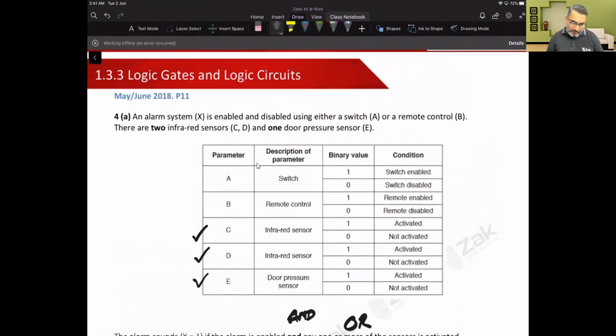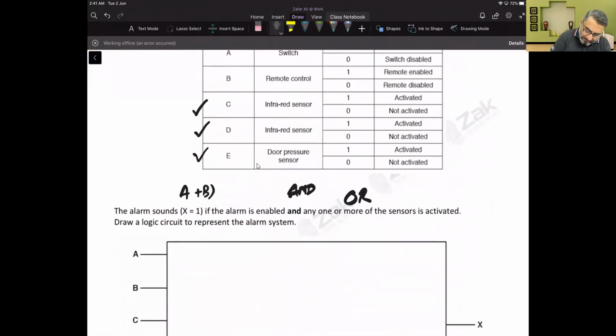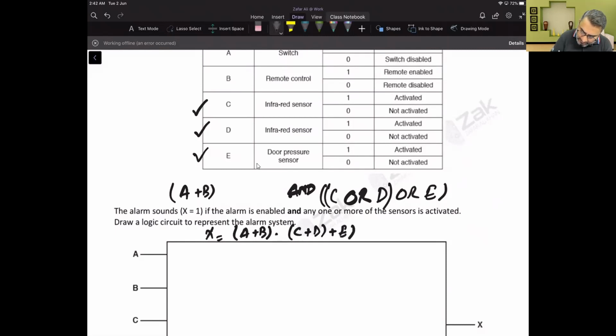Alarm is enabled and disabled using either switch A or remote control B. So this would be A or B and C or D or E. That is how it will be solved. So the equation would be x is equal to, sorry, x is equal to a plus b and c plus d plus e.